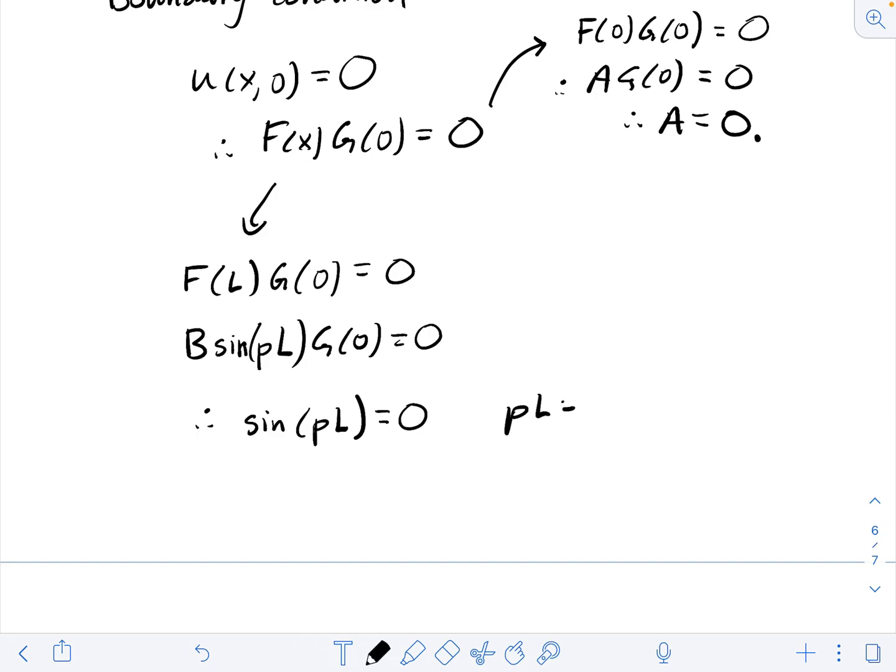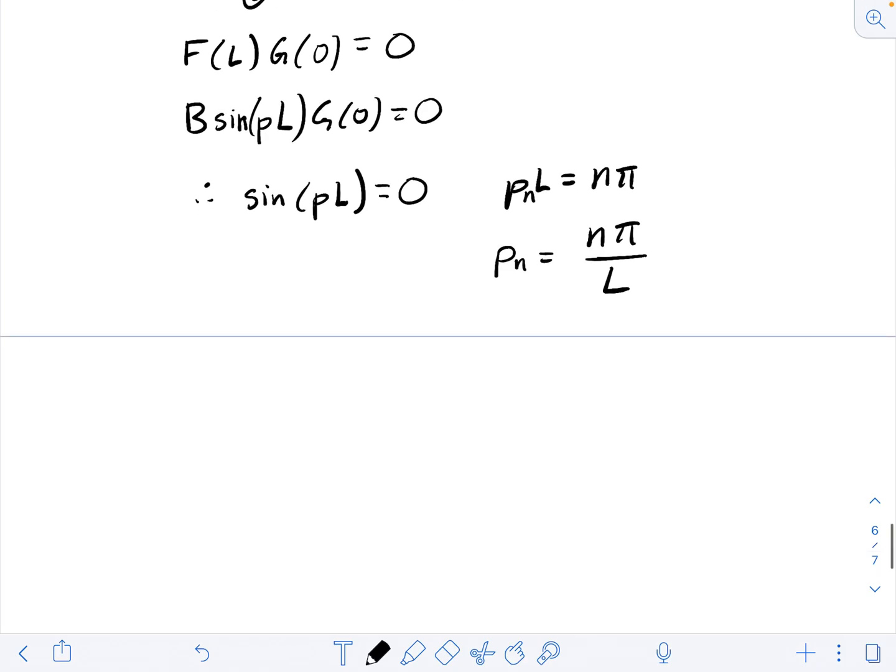And so sine is 0 whenever its argument is an integer multiple of pi. And that means that there's lots of possible values of p for which the condition sine pL is equal to 0. And so we're going to add a subscript n to p. And our condition then is that p, whatever it is, is an integer multiple of pi over L.